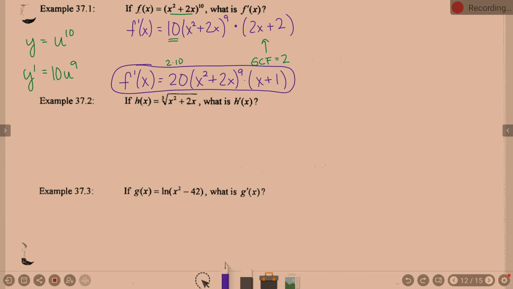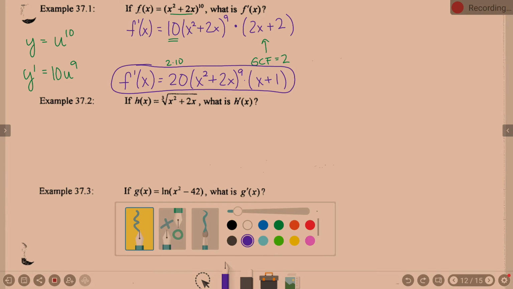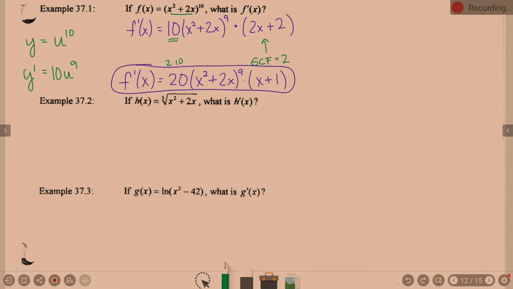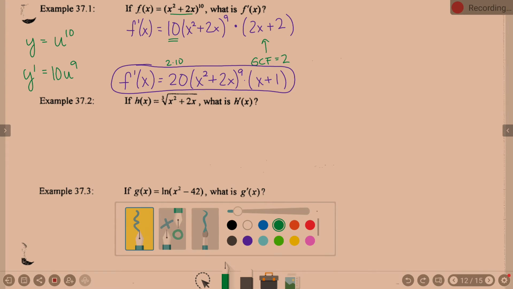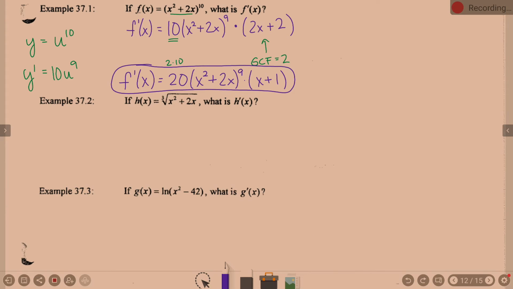If h of x is the cube root of x squared plus 2x, what is h prime of x? We're going to have to make an exponent in order to be able to even talk about this problem.